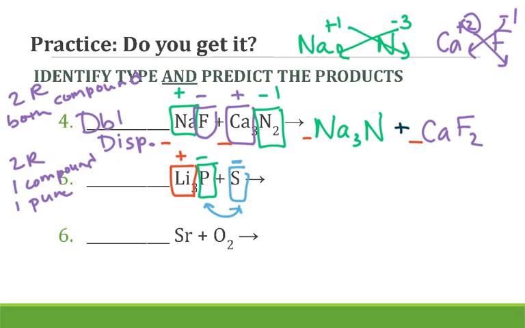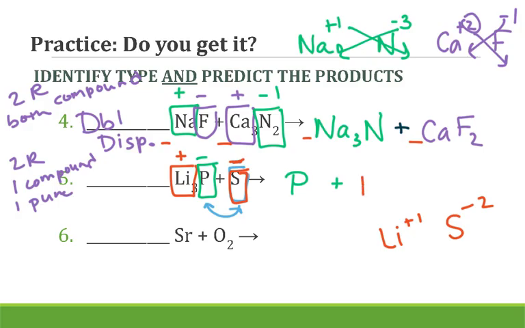So now our sulfur is going to pair up with that lithium. So the phosphorus is going to get kicked out of the pair. It's going to be by itself. Phosphorus is not diatomic, so it's just going to be a lone P. But then my lithium is going to pair with my sulfur because they have opposite charges. Lithium has a +1 charge. Sulfur has a -2 charge.